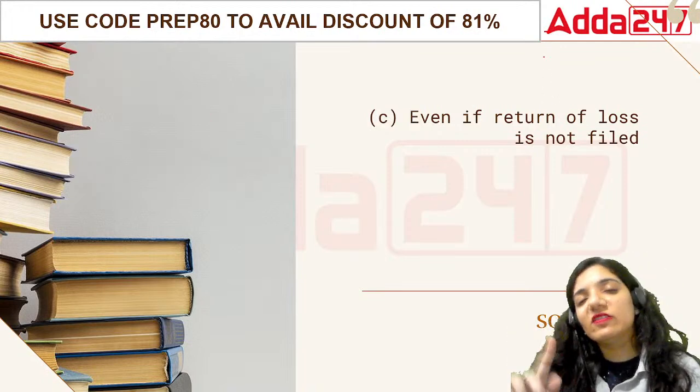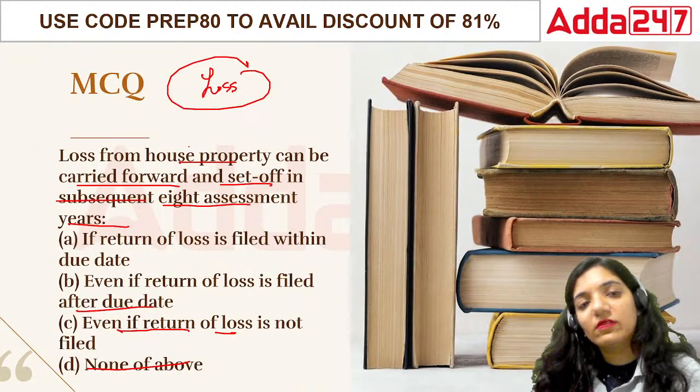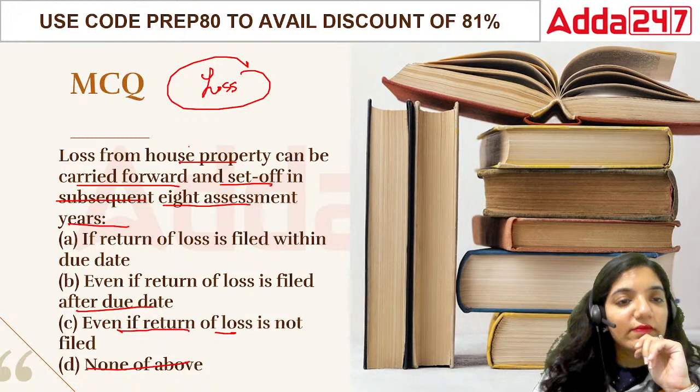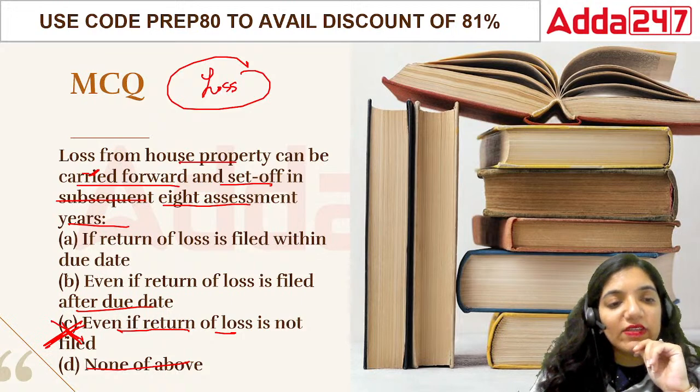Acha, there's one point. There are two exceptional cases: depreciation as well as house property loss. No, this is wrong. It is available only if the return is filed, and that too within the due date.